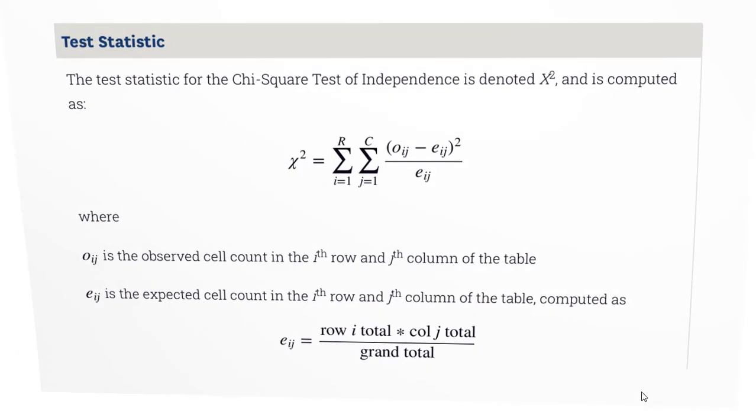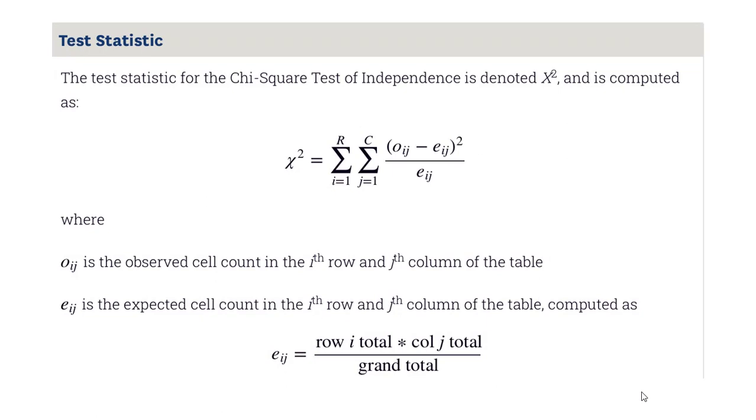Now, what is the formula to determine the chi-square test of independence? You have it there. So for the chi-square test of independence, we will take all the observed values, and then we will subtract the expected values, we will square that, and then we will divide that by the expected values. Now we will do this both for the columns and the rows. This is why here you have 2 sigmas.